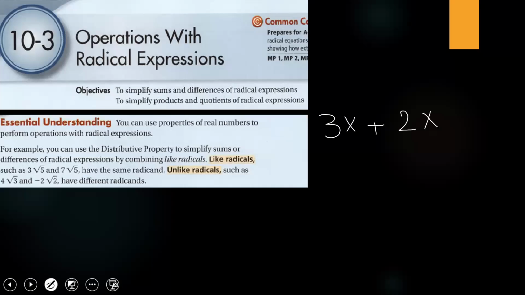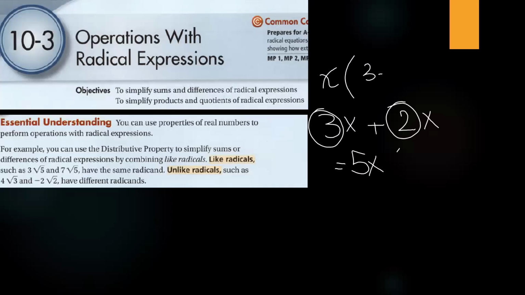So what does it mean? I can add them and choose one of the x's, or I can take x as a common factor and add 3 plus 2, and you get 5x. Since they are multiplied by the same variable x, you can add them.